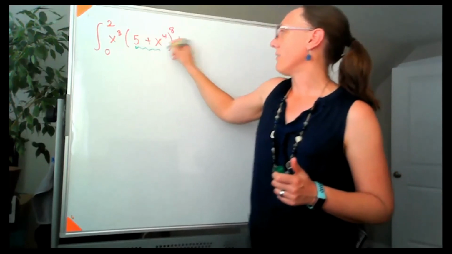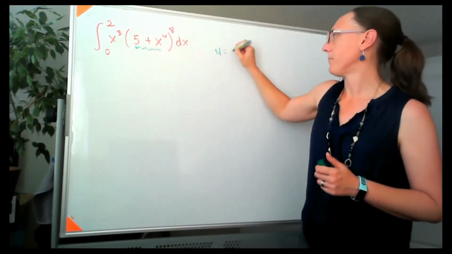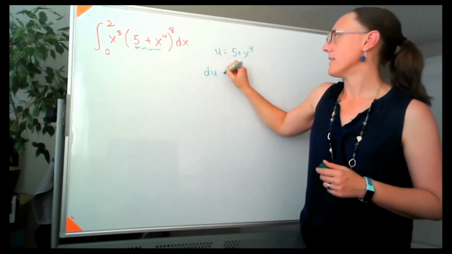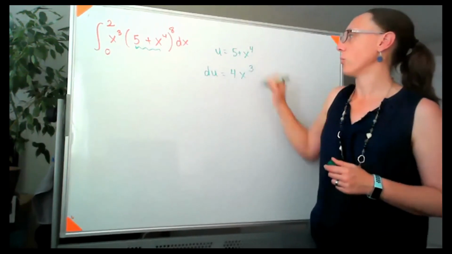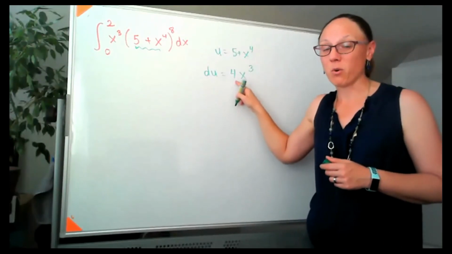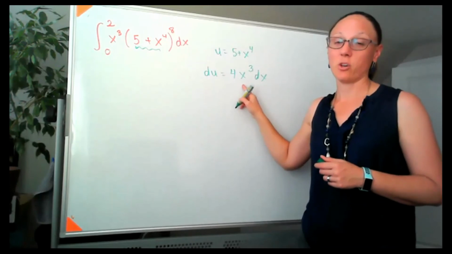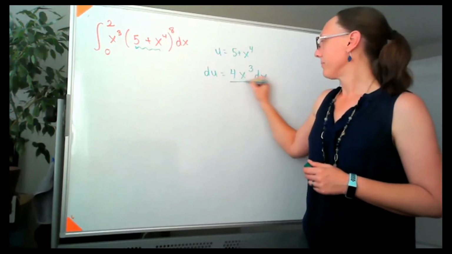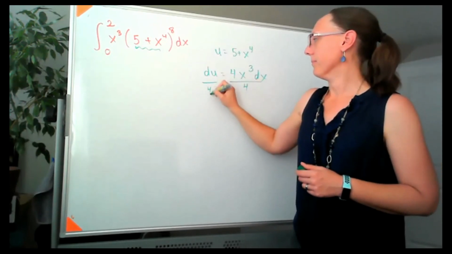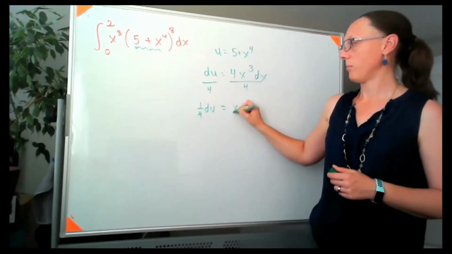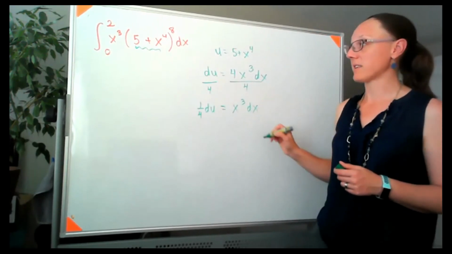If I let all of this be equal to u, then du would be 4x cubed dx. Now I don't have the 4, but I have the x cubed dx. No worries. 1/4 du becomes x cubed dx.